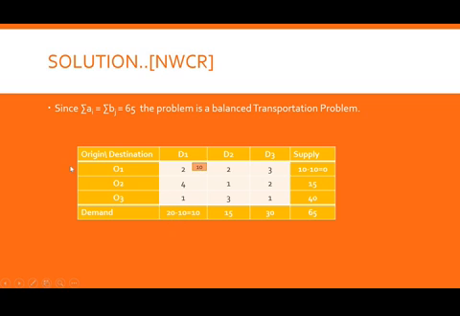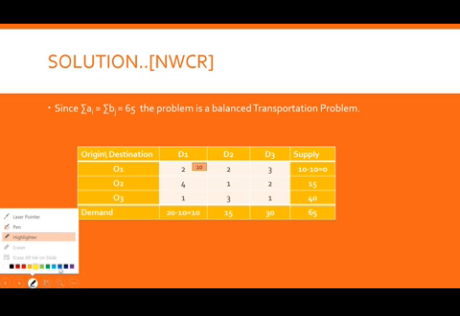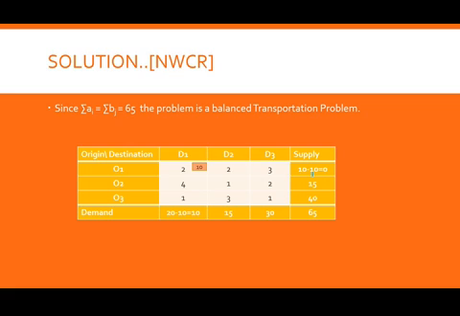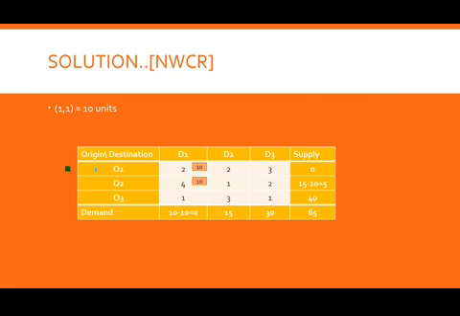So you make an allocation of 10 so that the supply becomes 10 minus 10, 0. The demand becomes 20 minus 10, 10, right? So you make an allocation of 10 units across 1 comma 1. So this row is gone.